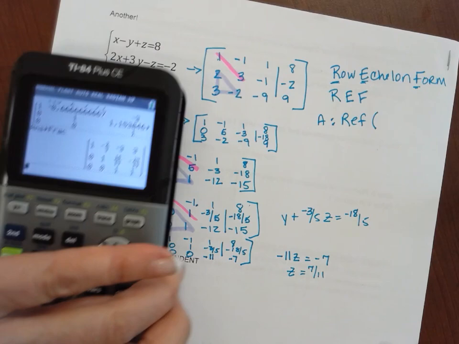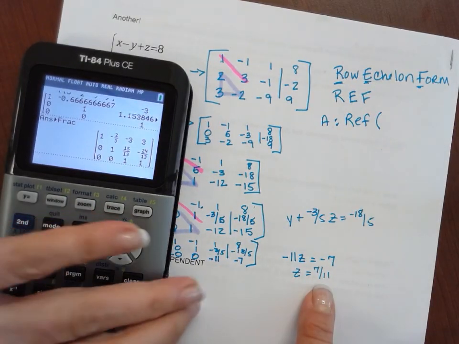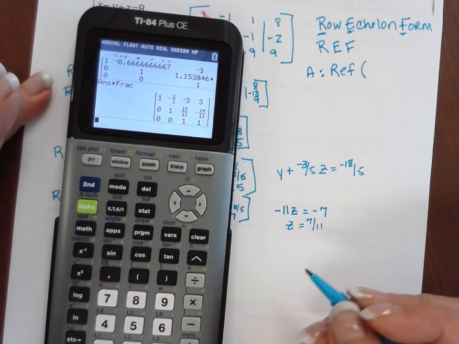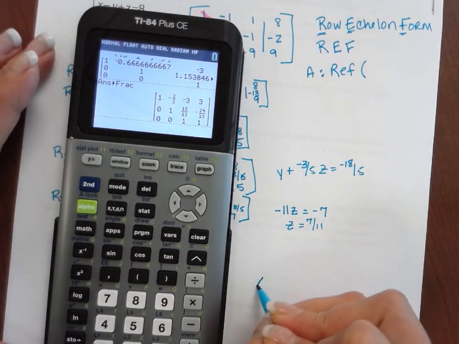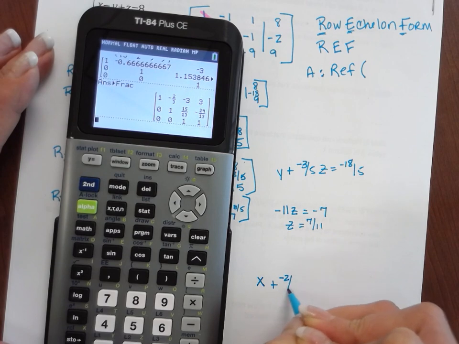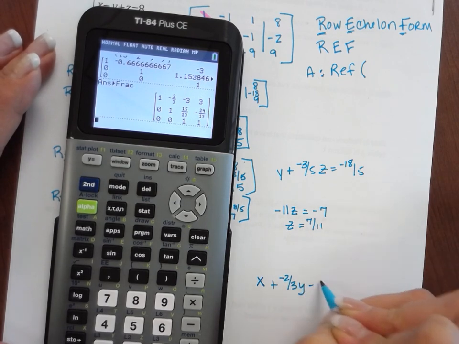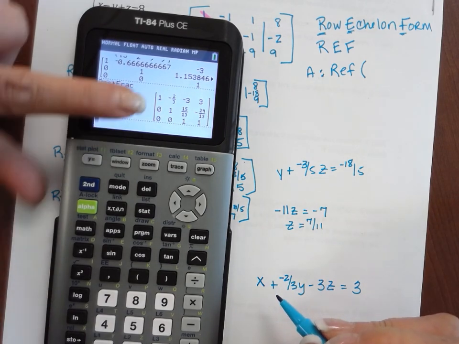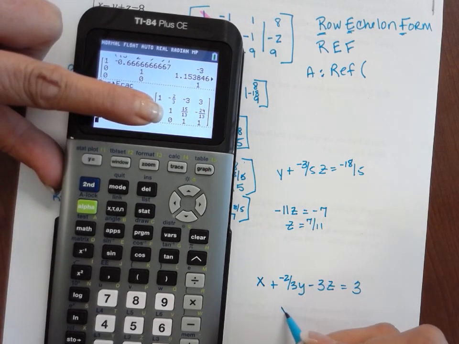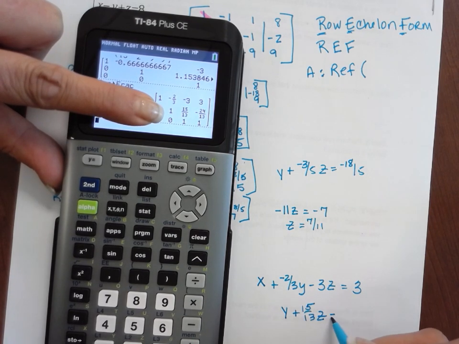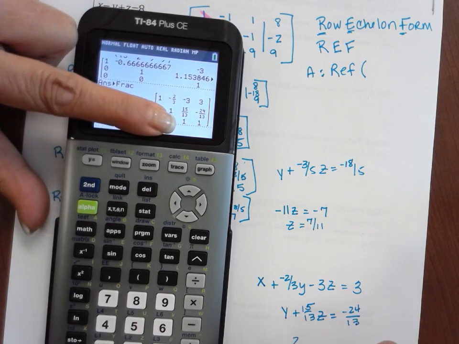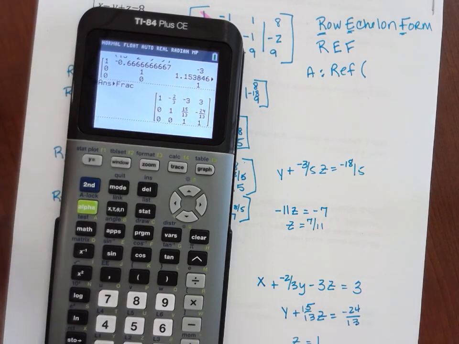Look at that. Obviously, I did a calculation error somewhere because it did my answer so that x plus negative 2/3 y minus 3z is equal to 3. And using this equation, y plus 15/13 z is equal to negative 24/13, and z is equal to 1.